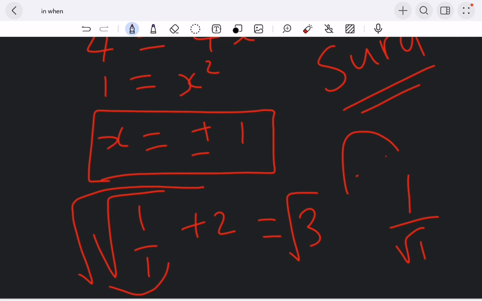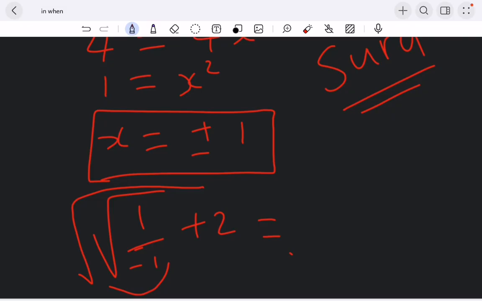Then let's try the negative 1 and see. Okay, negative 1, so 1 over negative 1 is minus 1. So obviously this is also not a value, because the square root of negative 1 does not exist at this level of mathematics.